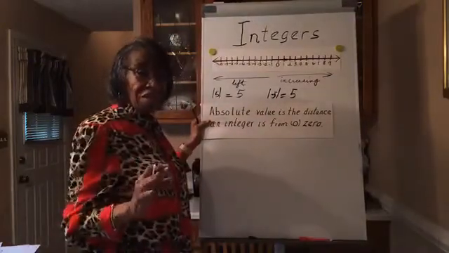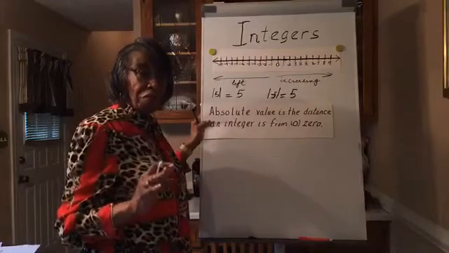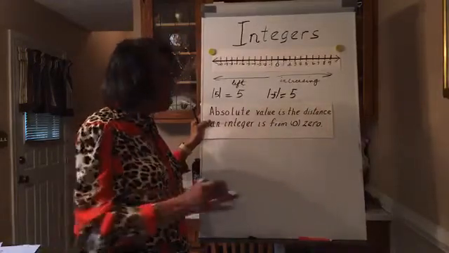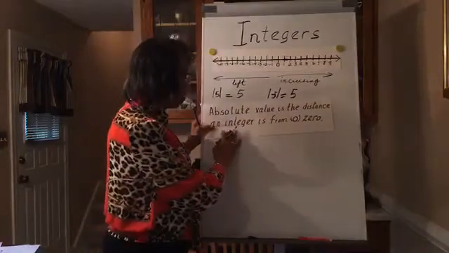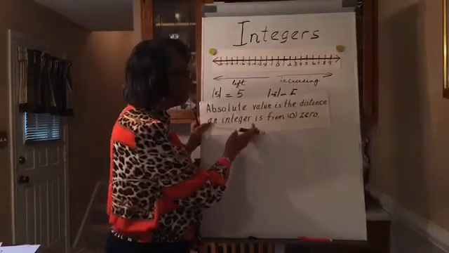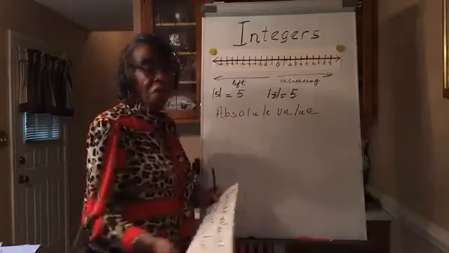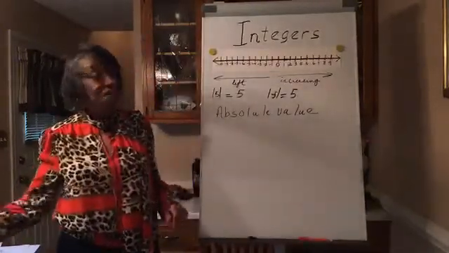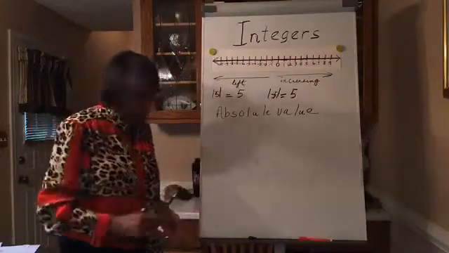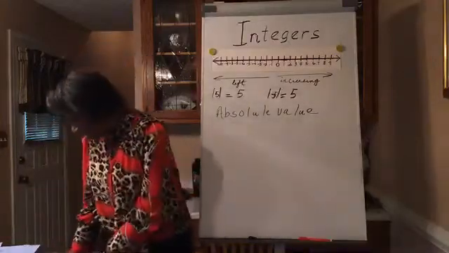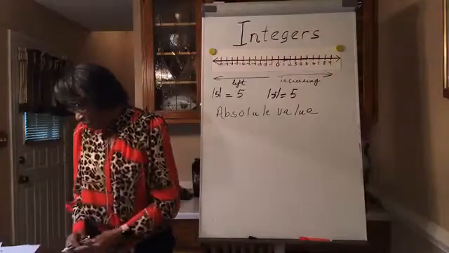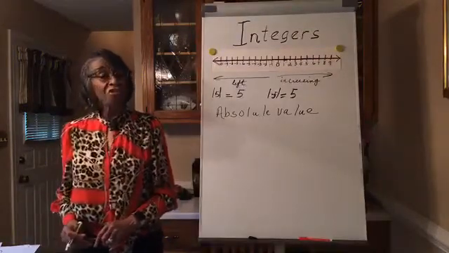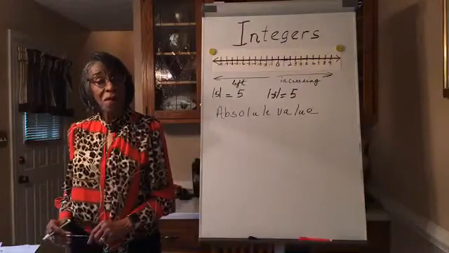So the signs of the numbers are very important and they must be correct. Absolute value is the distance an integer is from 0, and it's always positive because distance is positive. Let's go on and start to do some addition of the numbers.